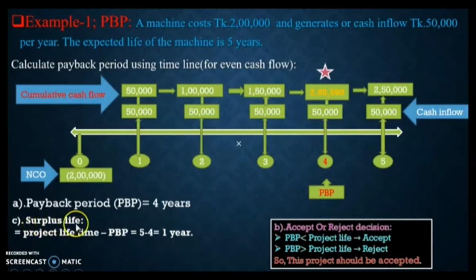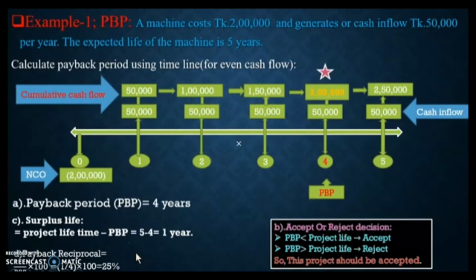We also calculate surplus life. Surplus life equals project lifetime minus PBP. Project lifetime 5 years minus PBP 4 years equals 1 year. And we also calculate the payback reciprocal.